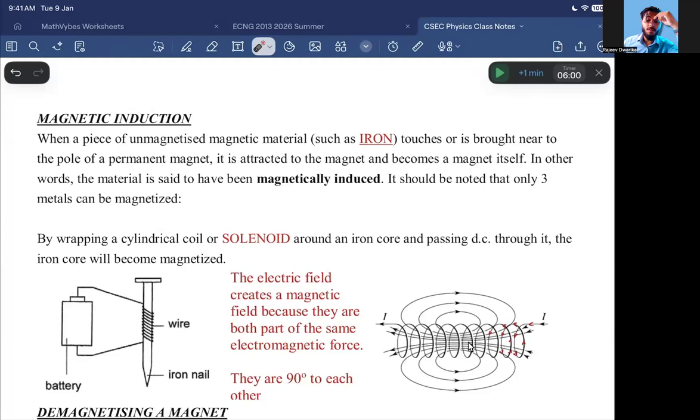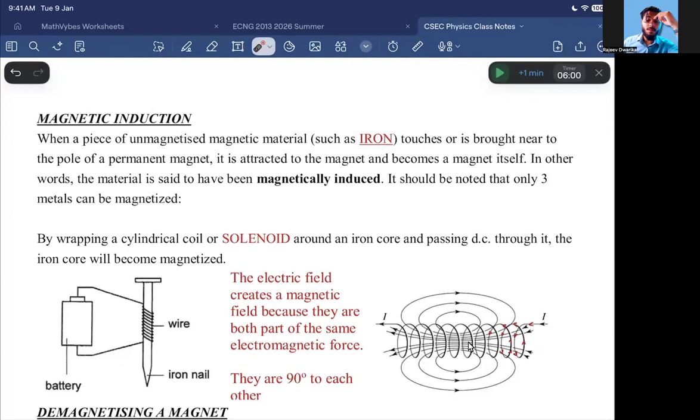Let me ask you a question. Are there any wires, or is it a wireless process? Can you see the magnetic fields? When you have a magnet in your hand, you don't see the magnetic field lines. They are invisible and extend around the magnet.